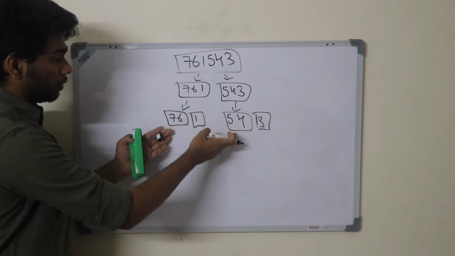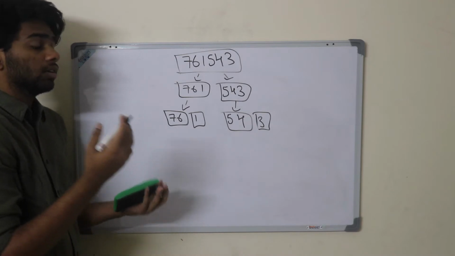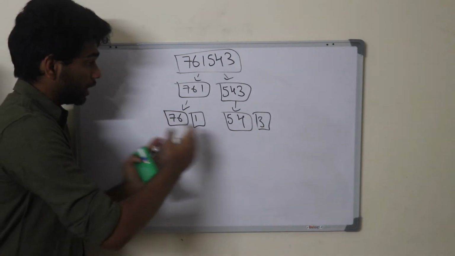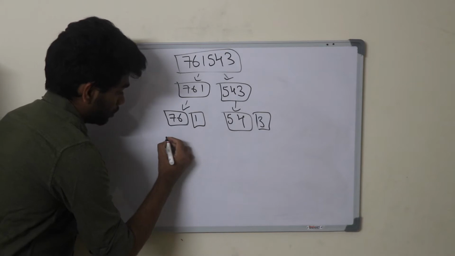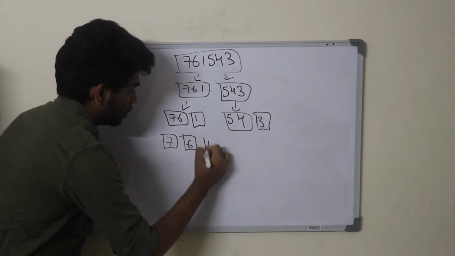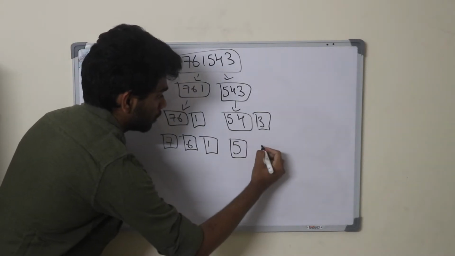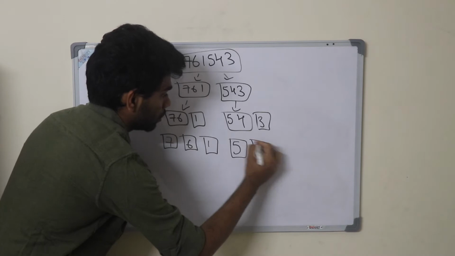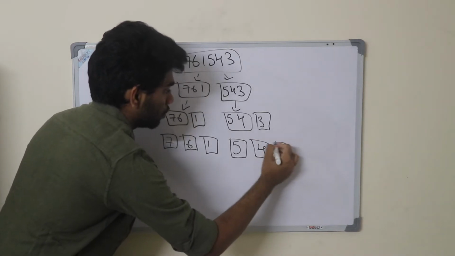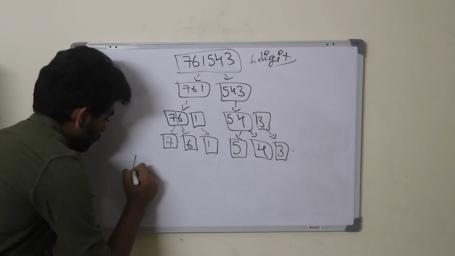But what about this 4 one? We'll again divide it until it is a single digit number. So 7, 6, 1, 5, 4, 3. We want the output in a sorted array.